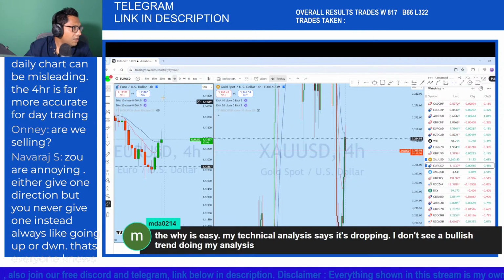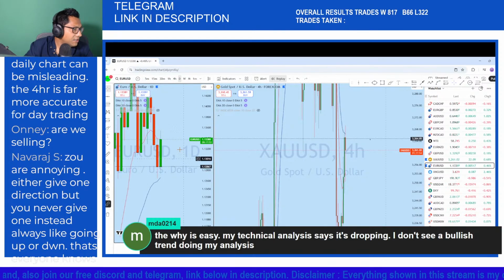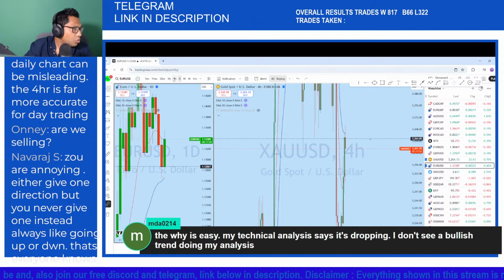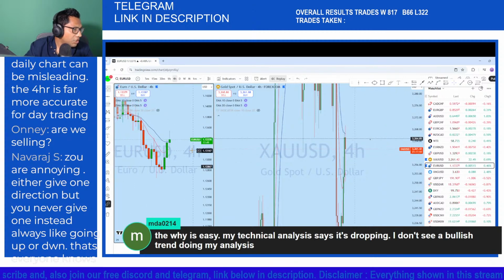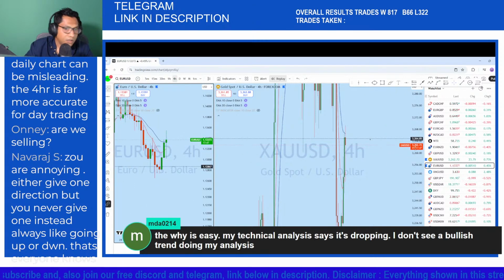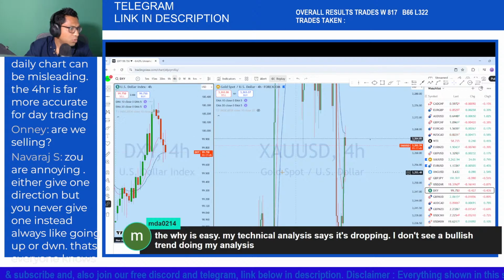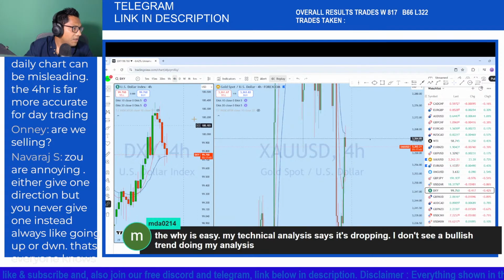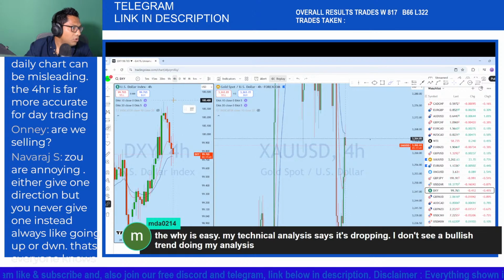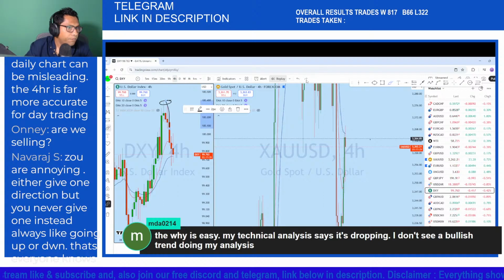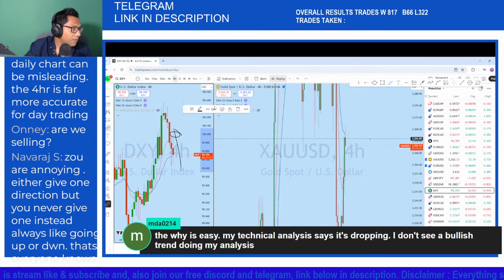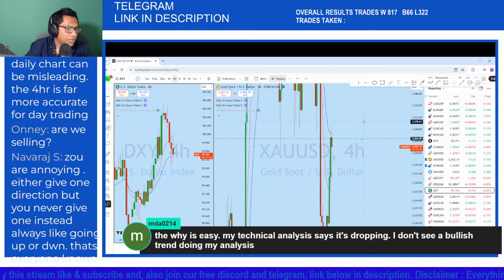From the euro dollar, this is the daily price, and euro dollar is showing a potential doji. Let's see what's happening with the DXY. DXY tested the high with this long wick drop, and then we can see another long wick potential drop here on DXY.